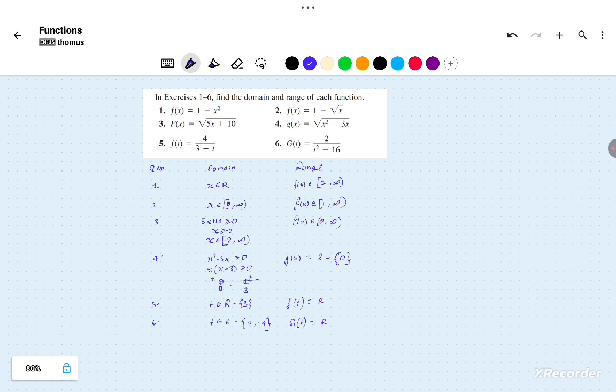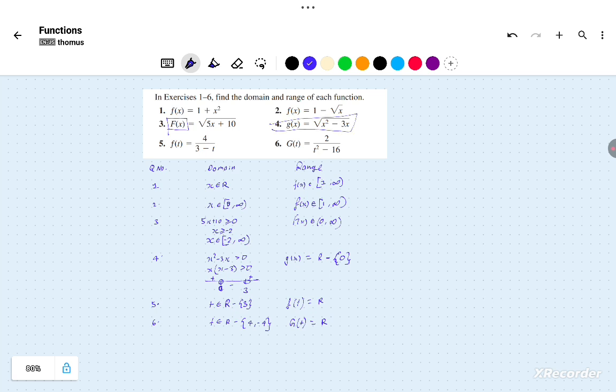Therefore my x can lie from minus 2 all the way towards infinity. Considering the range part, at minimum my x is minus 2, so at minimum my f(x) will be just 0 and it will never be negative, definitely. So it is going from 0 to infinity.